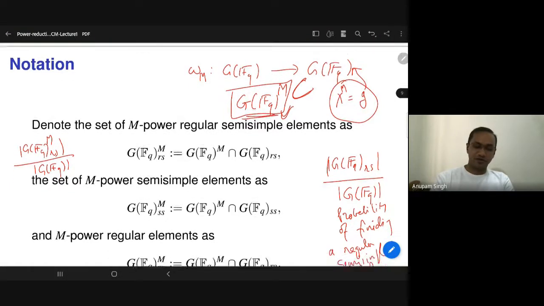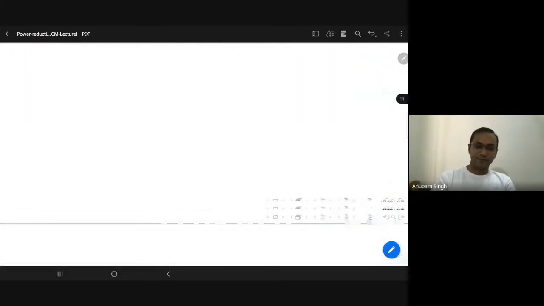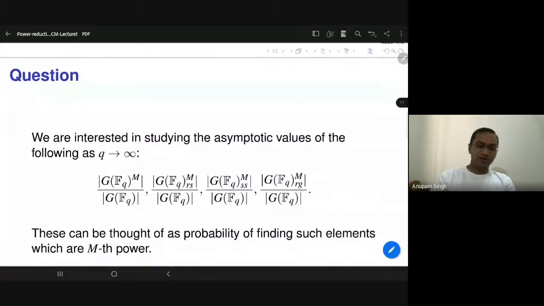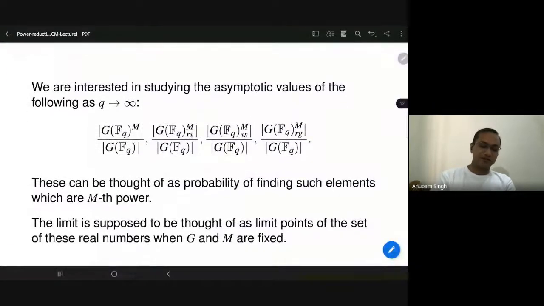Okay, fine. So now I hope the notation is clear, because it can get confusing otherwise. Okay, good. So what is the question I am going to deal with? I will look at these ratios that I have defined, and clearly this ratio will depend on what G is, what m is, and what q is, right?